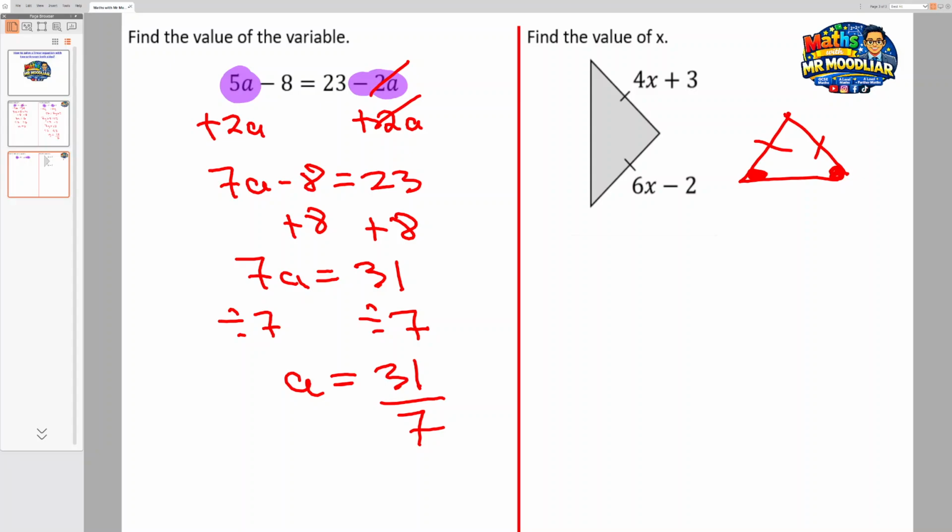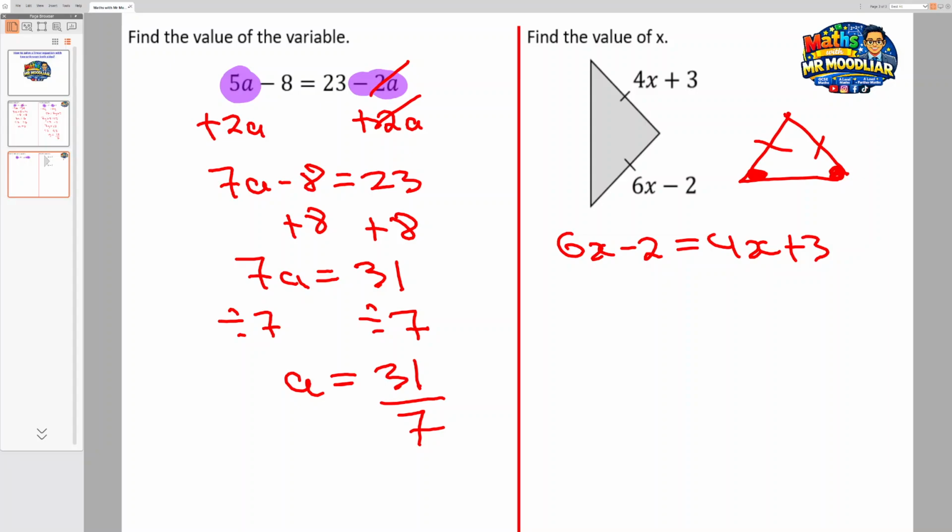So what do we have here? Well, we are going to form a linear equation. So we have the following: 6x minus 2 is equal to 4x plus 3. Again, I need to establish that in an isosceles triangle, two sides are equal, base angles are equal, so I am using that property of an isosceles triangle.